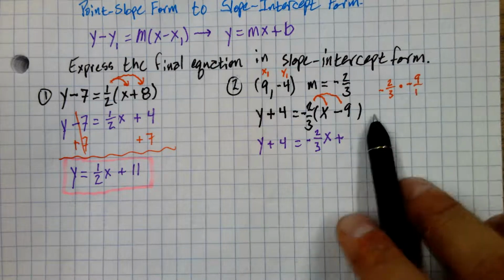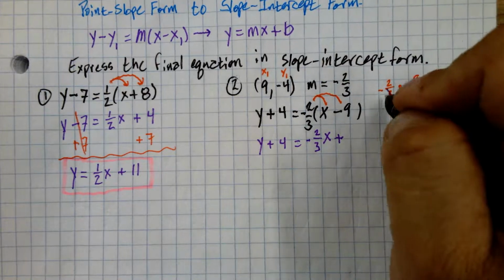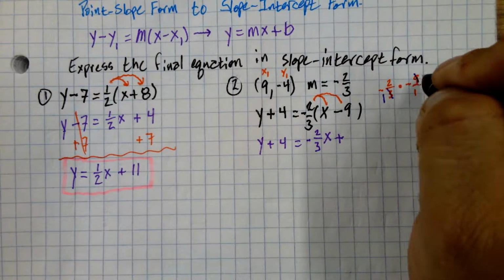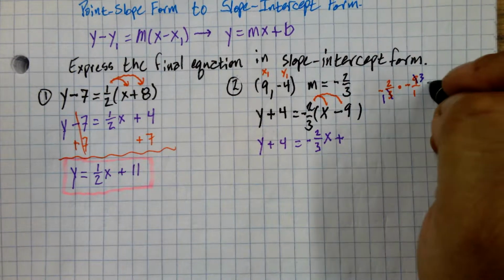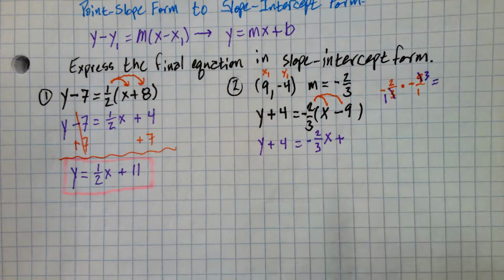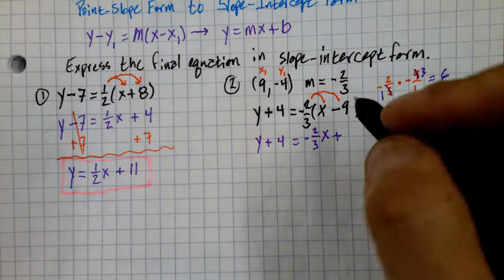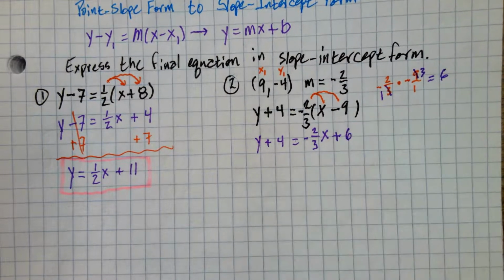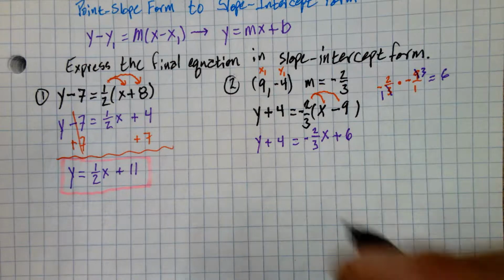I can cross cancel definitely. 3 goes into 3, I get 1. 3 goes into 9, I get 3. So what do I get? 6/1. I'll just write it as 6. So this is going to be +6. Okay. So I got that now. Get rid of the 4.